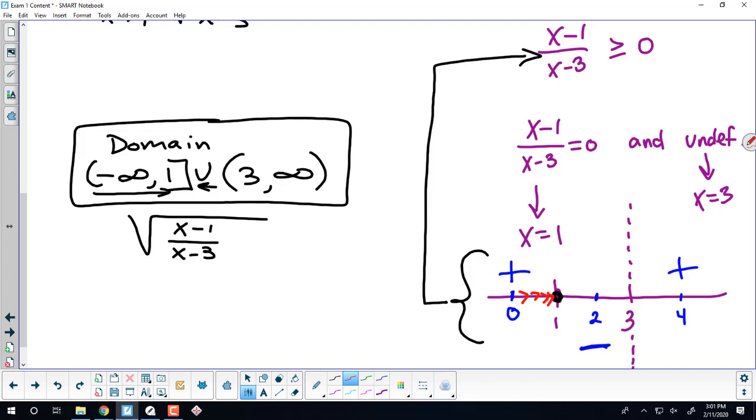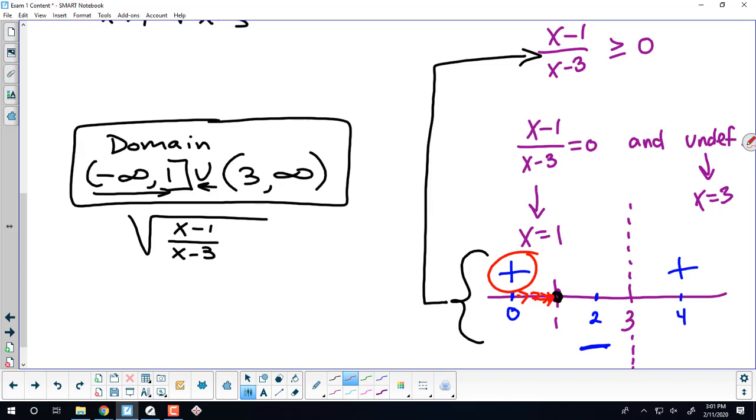But that's telling us that this function with the radical x minus 1 over x minus 3 is positive. Sorry, without the radical, x minus 1 over x minus 3 is positive. Therefore, I can take the square root of any of these values as I approach 1 from the left. Does that make sense?